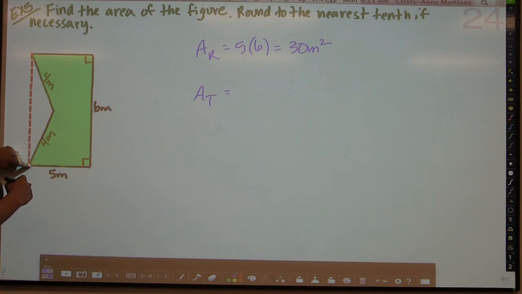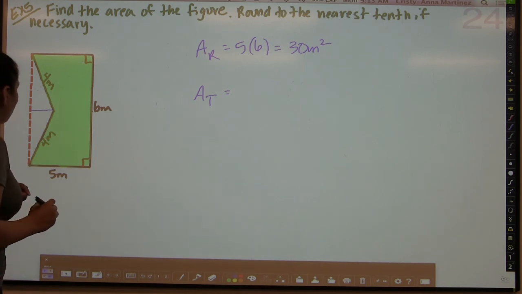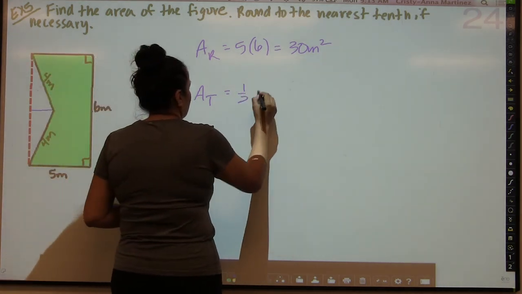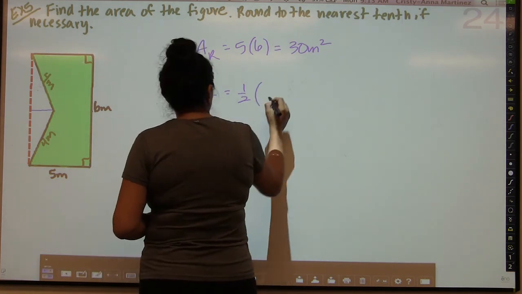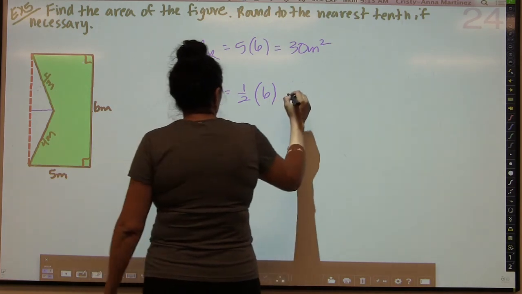So this is going to be an isosceles triangle. What we need right here is the height to find the area of the triangle. So remember, it's going to be 1/2. The base is 6 because it's going to be the same as this base here. And then we need the height.